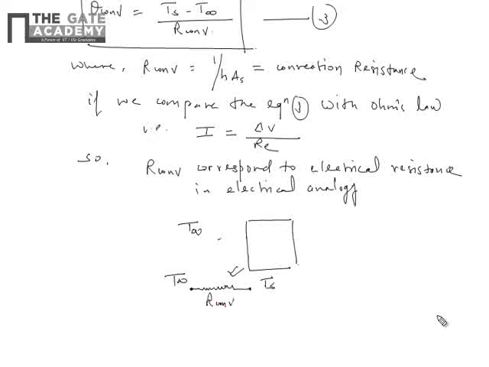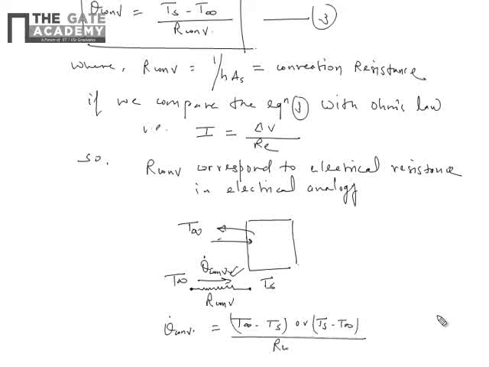This is R convection. If we know convection resistance, then we can find out the convective heat transfer between fluid to surface or surface to fluid, depending upon the temperature. So Q dot convection can be given as T infinity minus Ts or Ts minus T infinity upon R convection.